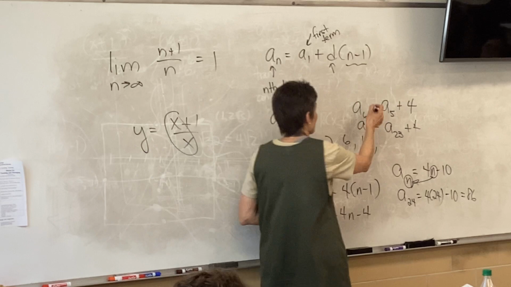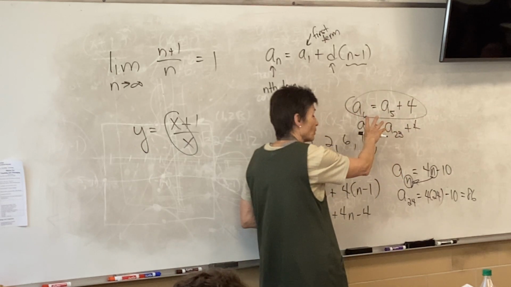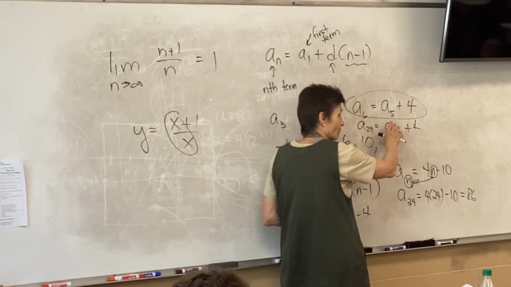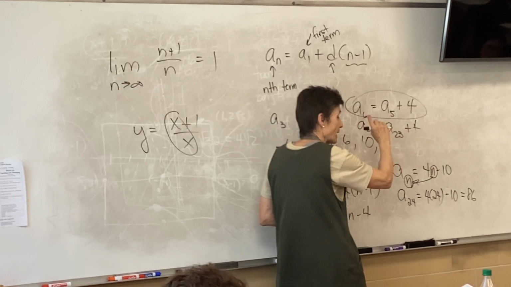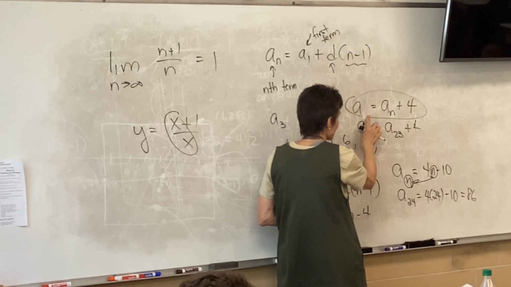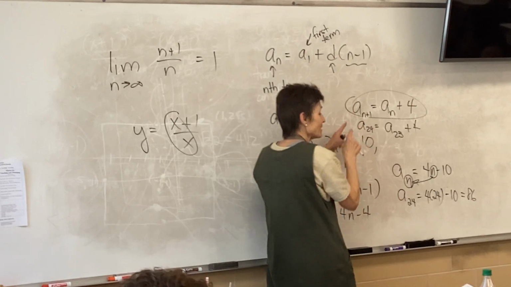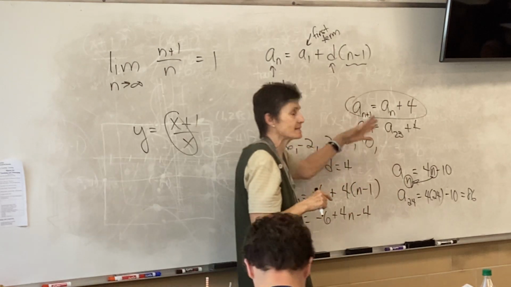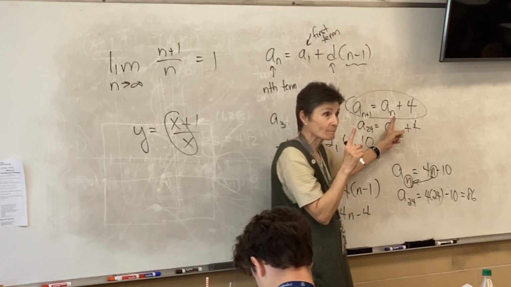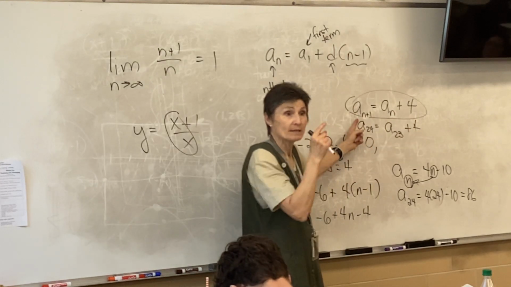What does this look like in terms of a formula? Julia told us how it works, and that's exactly how it works. So I'm going to put n's in now, okay? Instead of numbers, I'm going to use n's. So if I put an n here, what would this base have to be here? This is n plus 1. That is the recursive formula. It says, give me a term, I'm going to add 4 to it and get the next term.